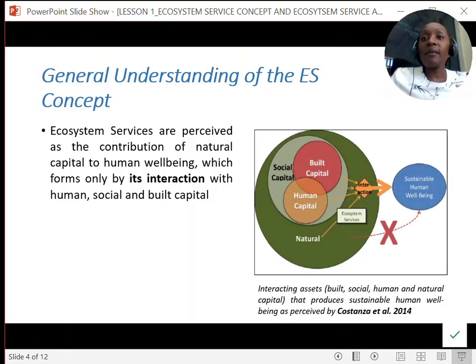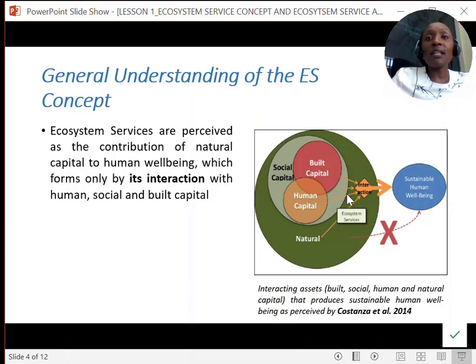The diagram here tries to showcase this, and it shows how these interacting assets result in sustainable human well-being. From this diagram, the natural capital is at center stage, and it is considered the most vital because, as you can see, it underpins all the other types of capital.